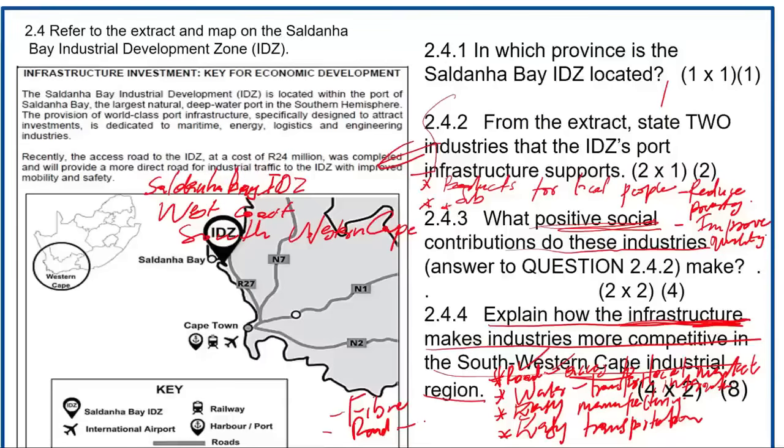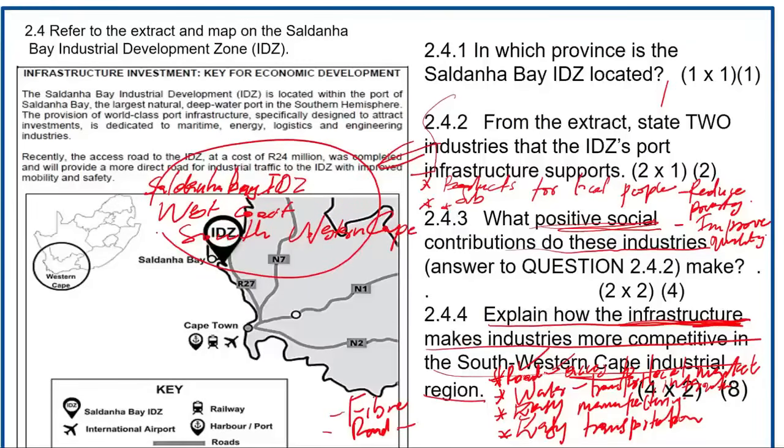So these are the ways infrastructure makes the Southwestern Cape more developed.